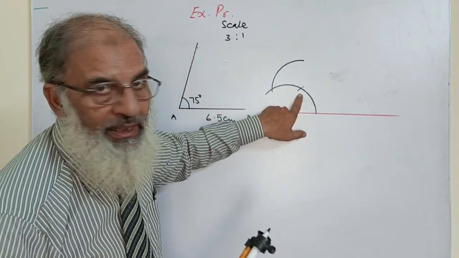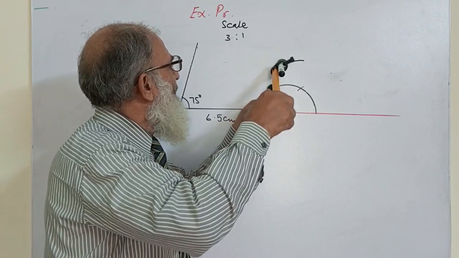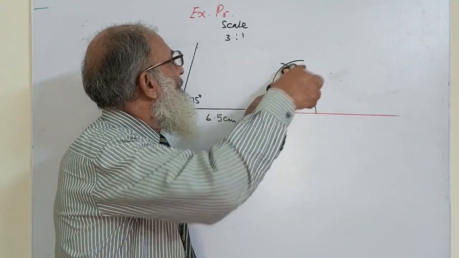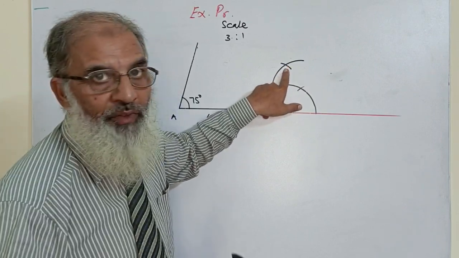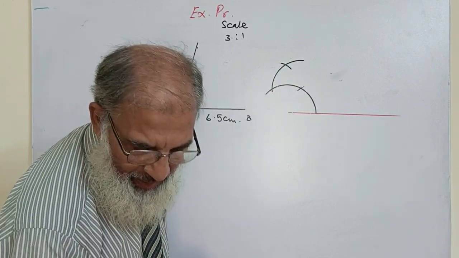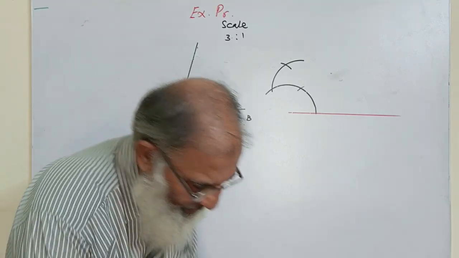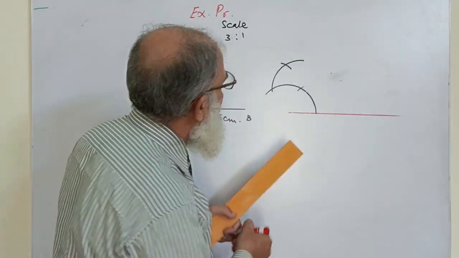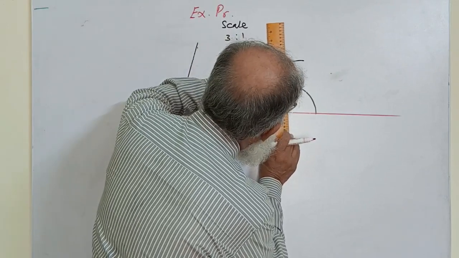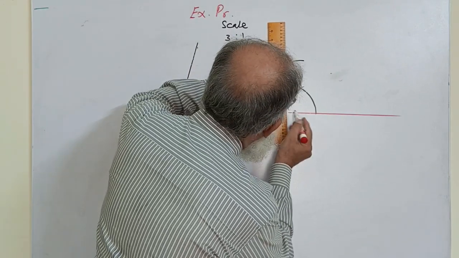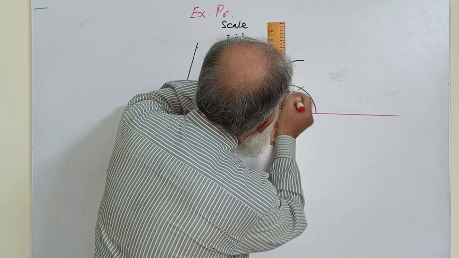Now the first arc cuts here, the second arc cuts here, and from the second arc draw the arc which cuts the second arc somewhere. So it will become the angle of 90 degree.